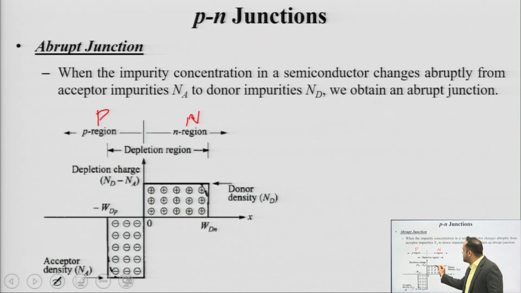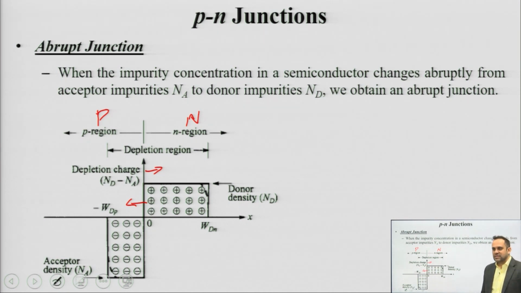just crossing the junction, you will cross from p type doping to n type doping, and whenever you are moving from right to left, just at the instant of crossing this junction, you are moving from n type doping to p type doping. So, just right of this edge there will be no acceptor ions, only donor ions. Just left of this junction there will only be acceptor ions and no donor ions.